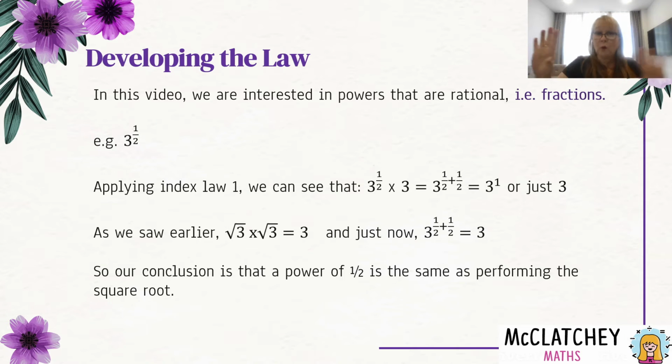Now, this rule also applies to other types of roots. In fact, square roots are not the only kind of roots you can have. We did talk in our first video about cube roots, which is a number multiplied by itself 3 times to get to an answer. So for example, 2 times 2 times 2 makes 8. So that's 2 multiplied by itself 3 times. 2 to the power of 3 makes 8.